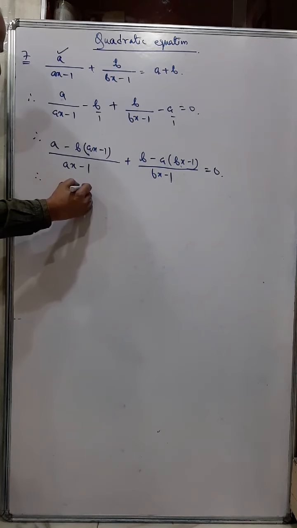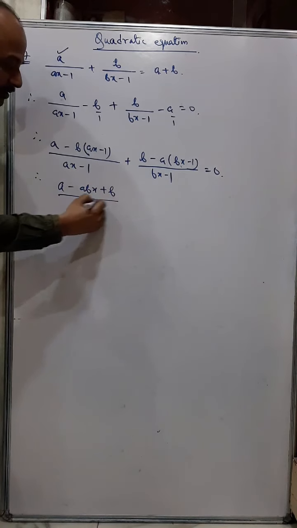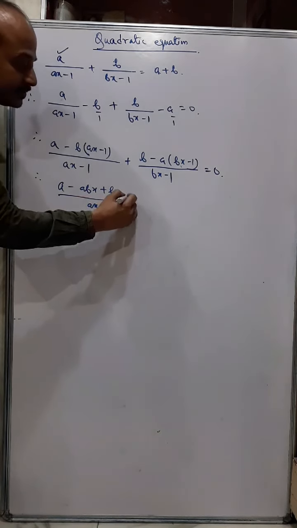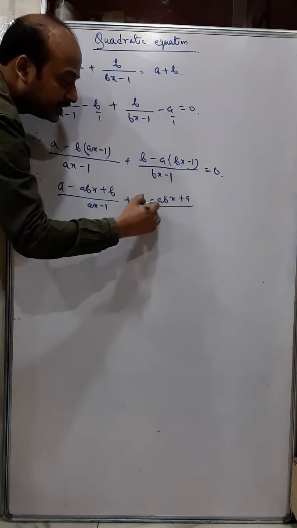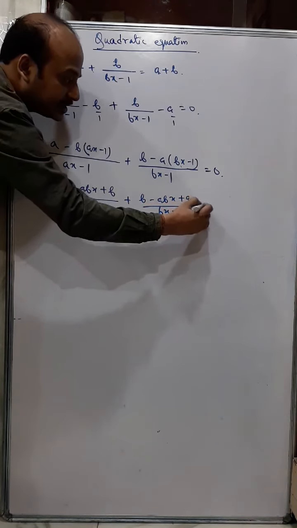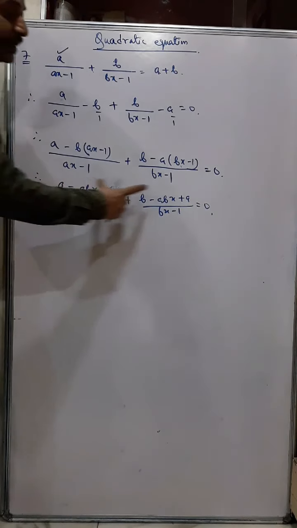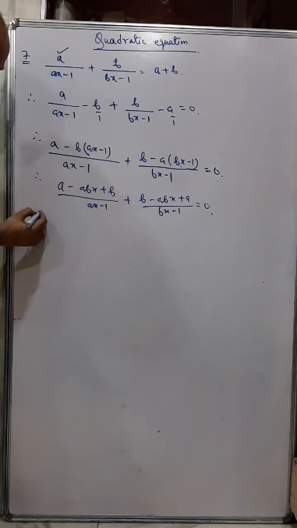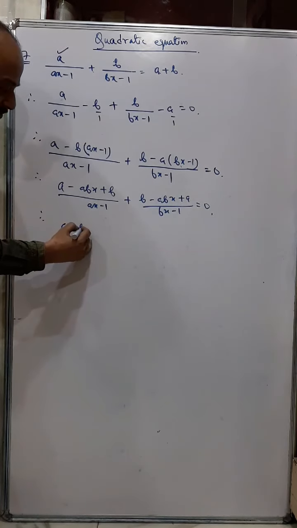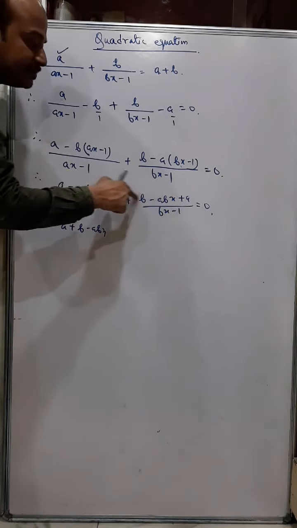Just see what we got. We got a minus abx plus b by ax minus 1 plus b minus abx plus a by bx minus 1 is equal to 0. Now just see, this numerator and this numerator, they are same. They are, in fact, a plus b minus abx.